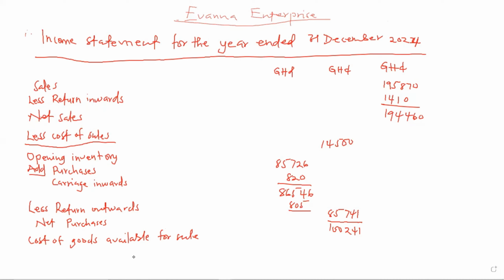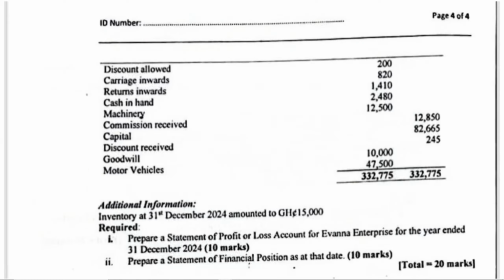As at the time we want to prepare our income statement, we have not sold all the goods that were available. If those goods were not sold, then we cannot calculate profit on that. So we have to less those goods that have not been sold. That is the closing inventory.